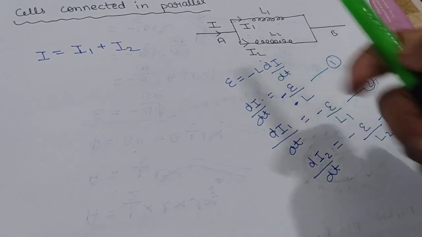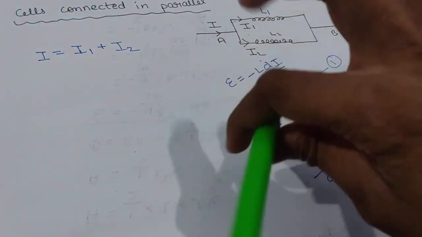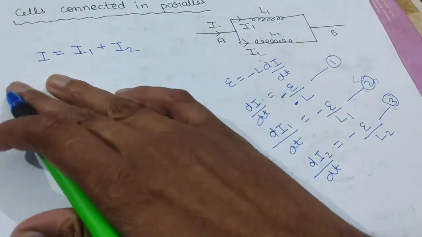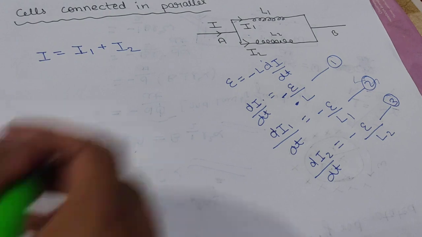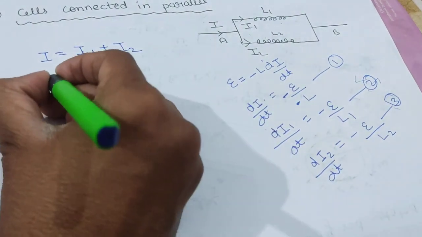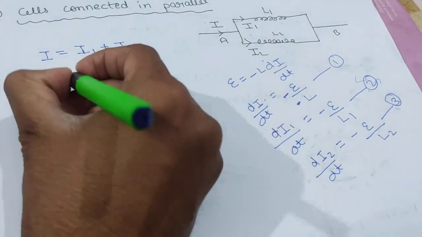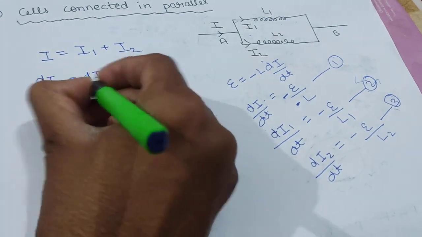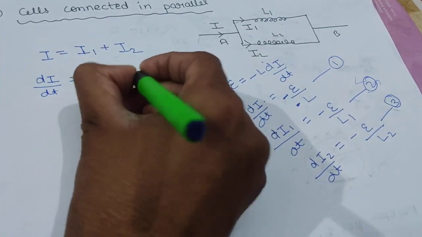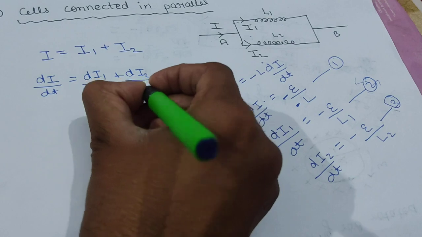Now we should differentiate the current relation with respect to time.